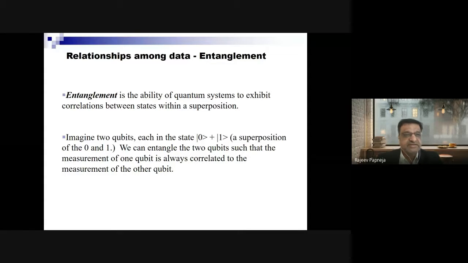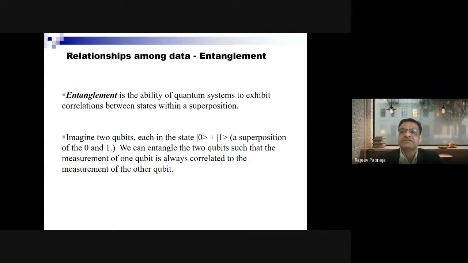So when we were saying that one qubit can be in 0, 1, or 0 and 1 together, if we talk about 2 qubits or 3 qubits, then entanglement says that if you try to measure 1 qubit, it will automatically have an effect on the other qubits also.